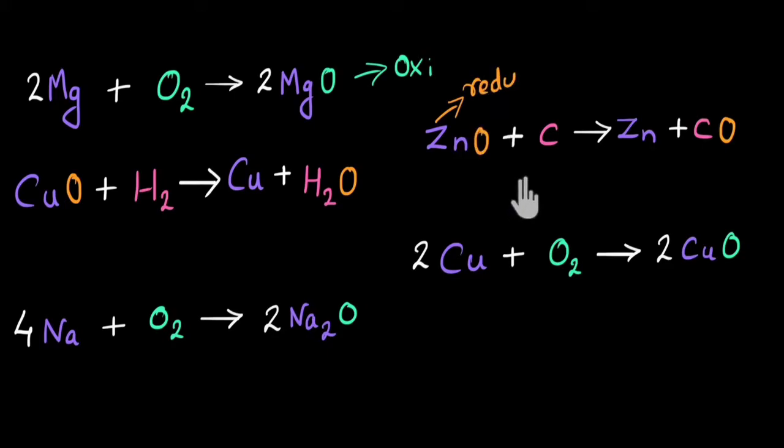But over here in the same reaction, if you focus on the carbon, see, carbon was without oxygen to begin with, but after the reaction, it is combined with oxygen. So there is oxygen addition happening to carbon. So this means that in the same reaction, we can say that carbon is going through oxidation reaction.